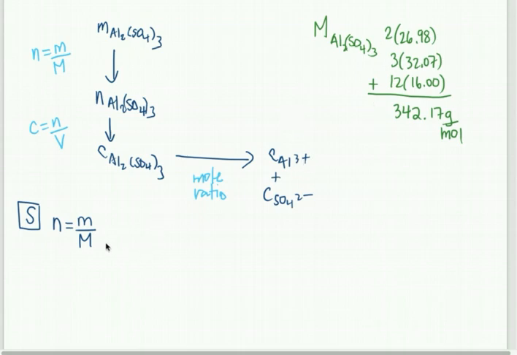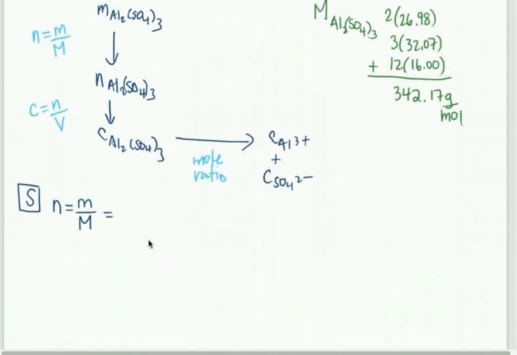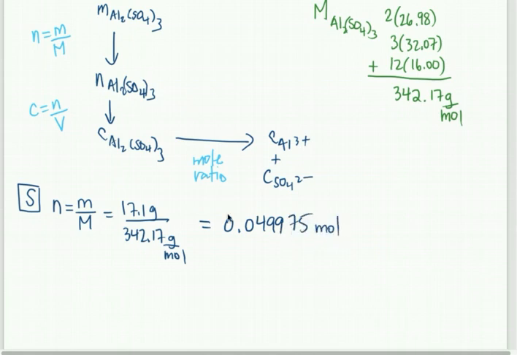So the mass that we were given here was 17.1 grams of aluminum sulfate divided by the molar mass. And we end up with an amount of, okay, and there's more digits, just keep it in your calculator. So that's the first step. We got it to amount.